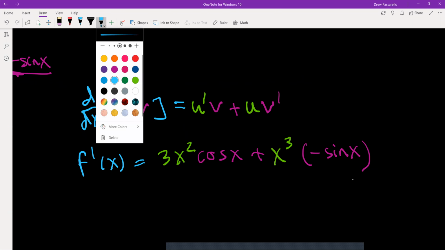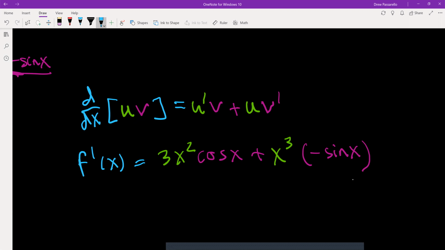Now, what I would do is try to factor out a common factor. The terms are 3x squared cosine x, and technically that's minus x cubed sine x, and what they share in common is x squared. So f prime of x, if I factor out x squared, the first term turns into 3 cosine x.